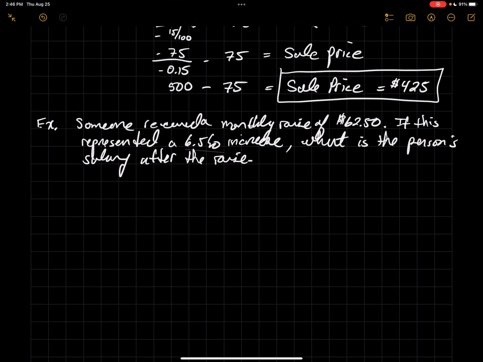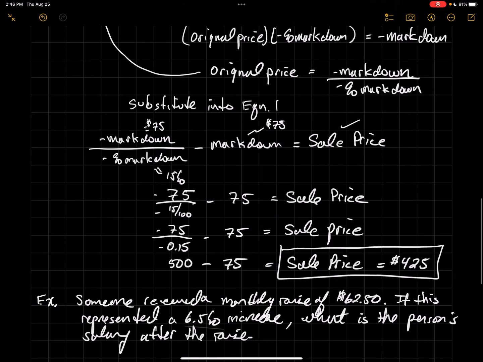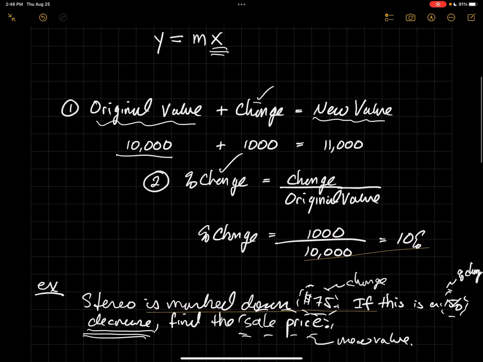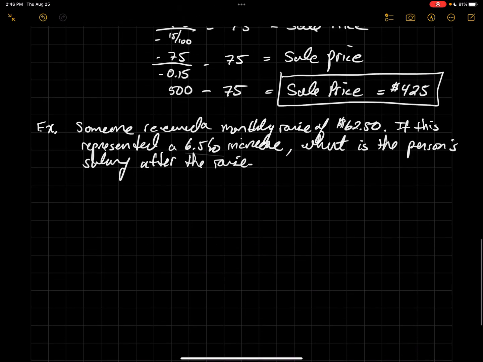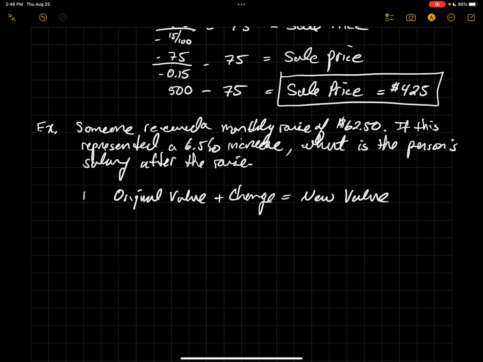Okay. So if I use just the basic definition of the two equations that we have, where we say equation 1 is original value plus change equals new value, and then percent change equals change divided by original value. So the first equation is original value plus change equals new value. That's equation number 1.